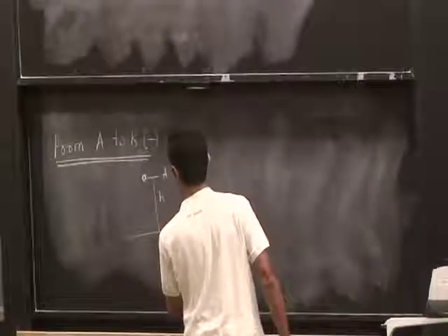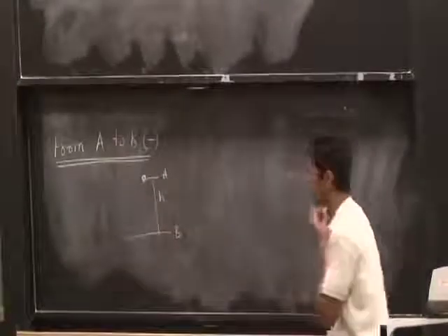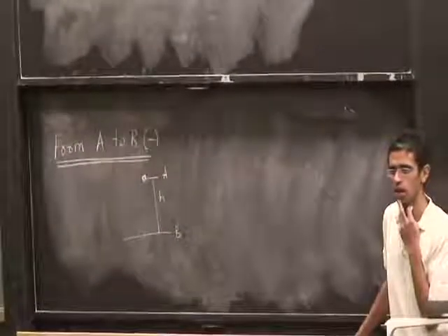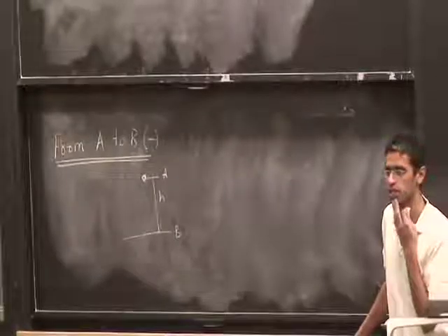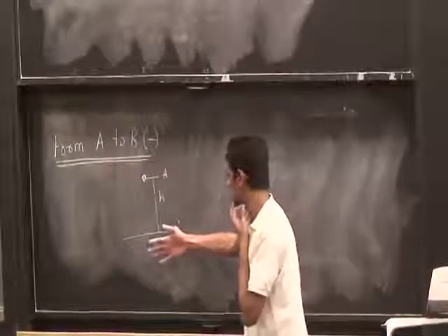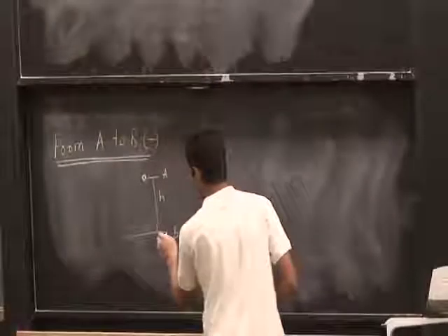I can just use energy conservation, right? There's no collision taking place. Let's assume that this ball has not yet collided, and I want to find the velocity here.